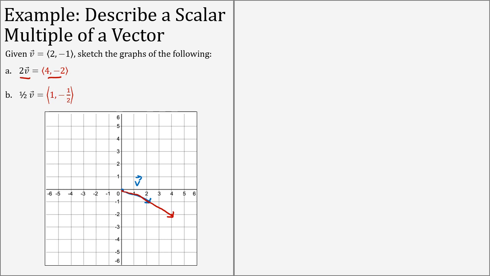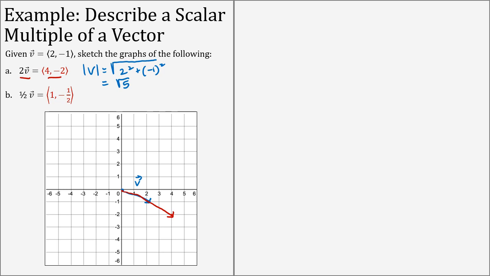What is the magnitude of position vector v? Well, the magnitude of that vector would be the square root of 2 squared plus negative 1 squared, which would be 4 plus 1, so the square root of 5. All right.